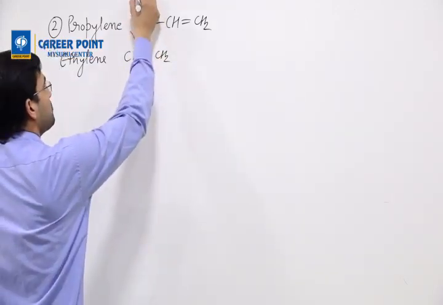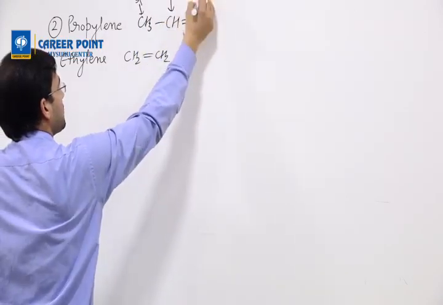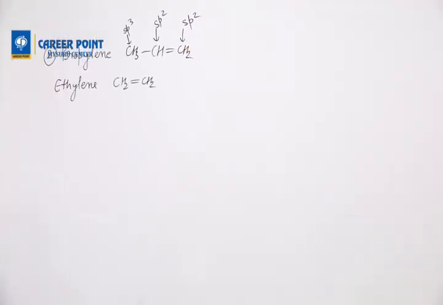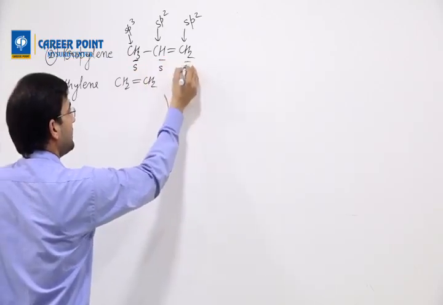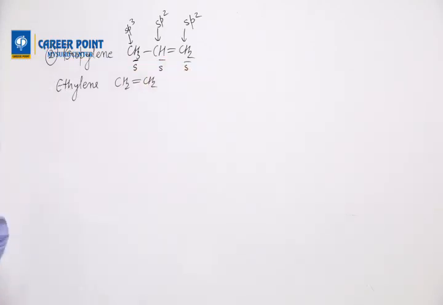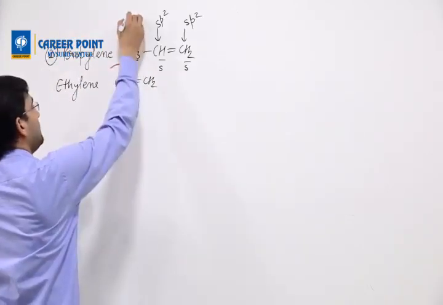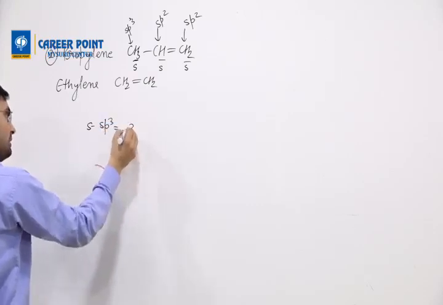So this is sp3 carbon. This is sp2 carbon. This is sp2 carbon. But then these hydrogens are in s orbitals. So s and sp3: how many are s and sp3? These are 3. So s and sp3 are 3.